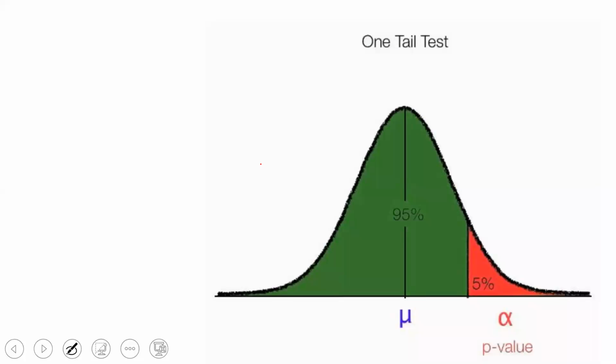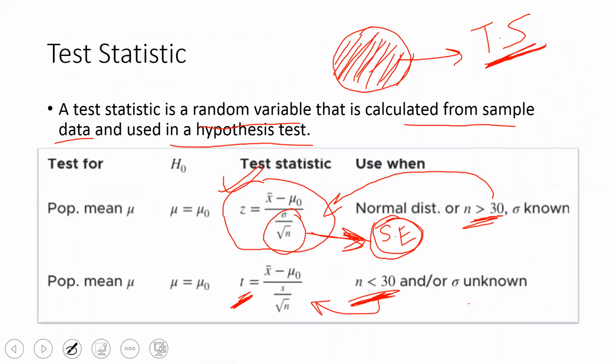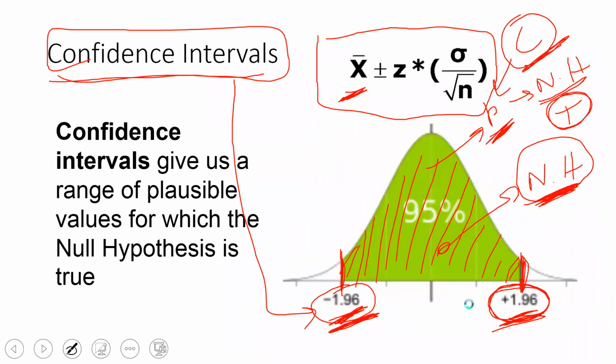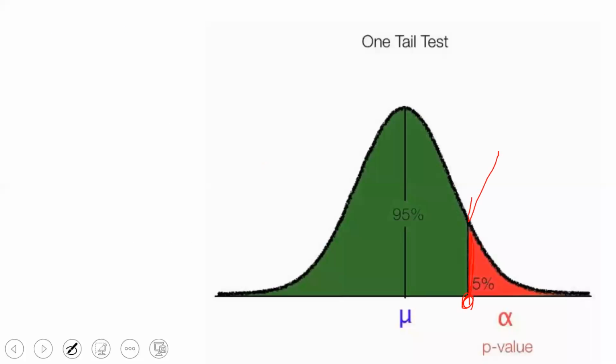Now we have different types of tests, like the one tail test. This thing is known as the critical value. What will I do first? I will set the critical value.